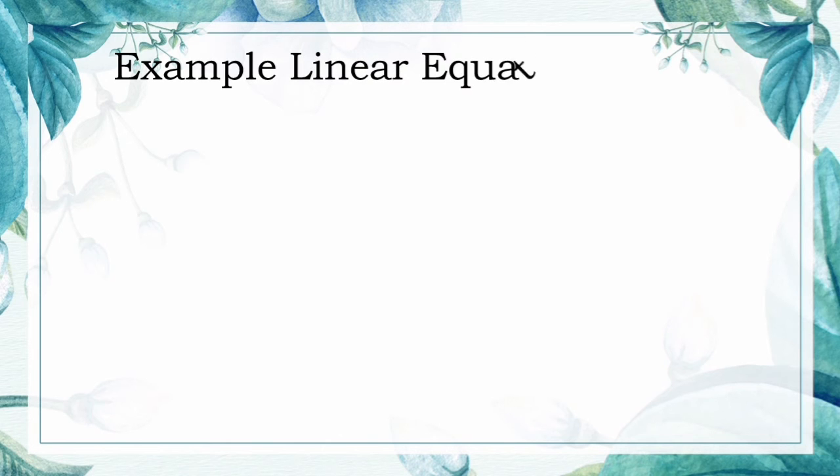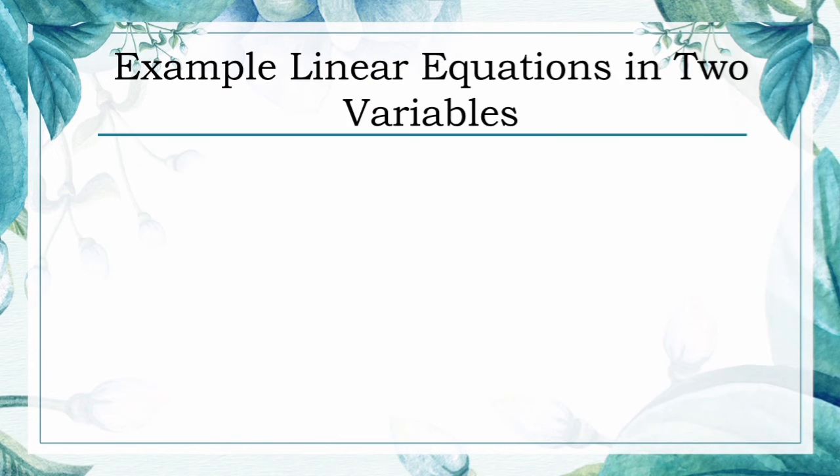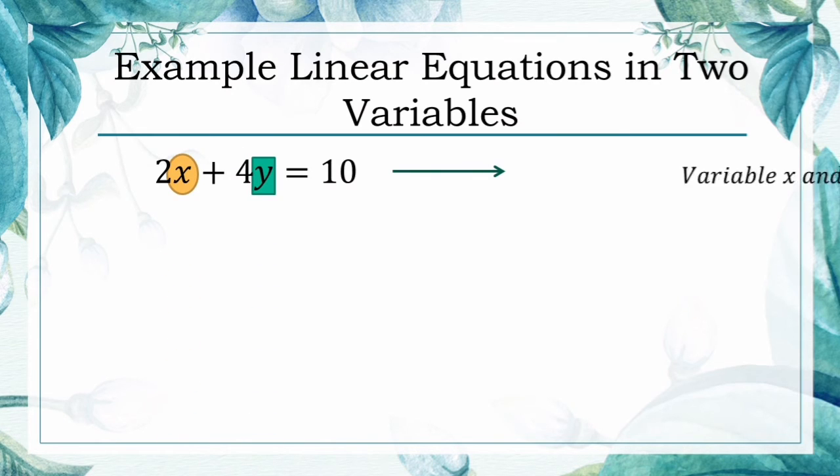Next, examples of linear equations in two variables. Example number 1. 2 times x plus 4 times y equal to 10. The variables are x and y.